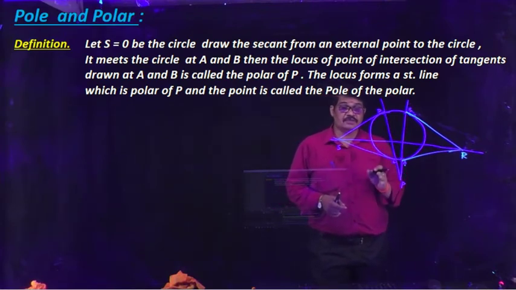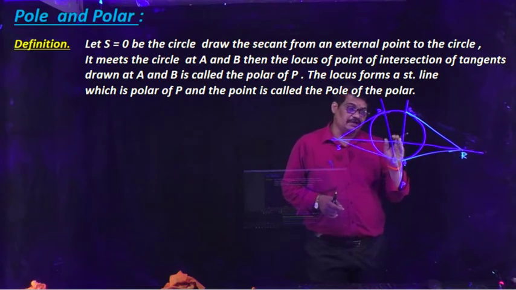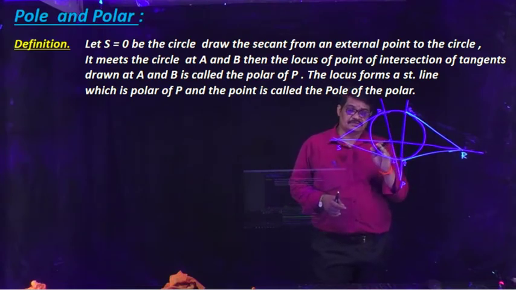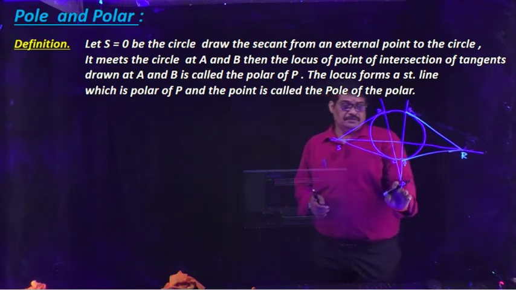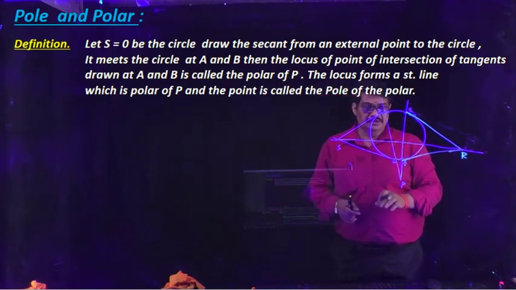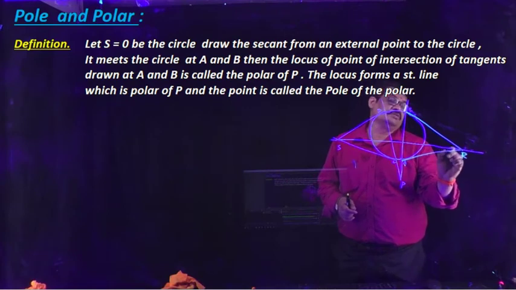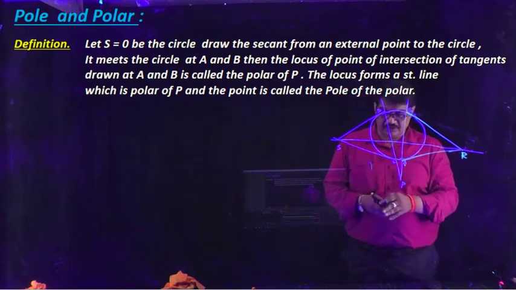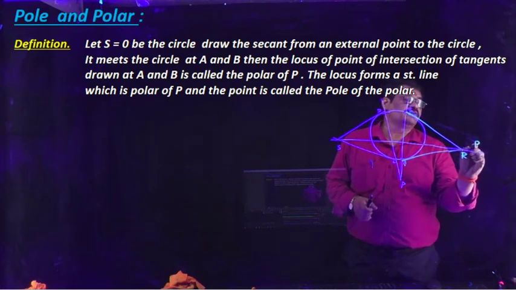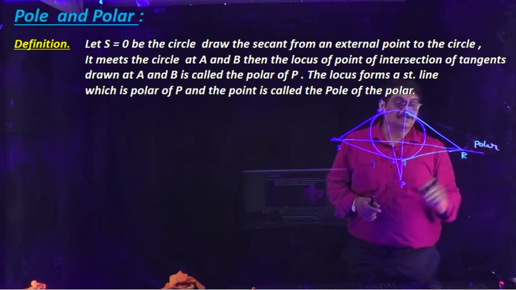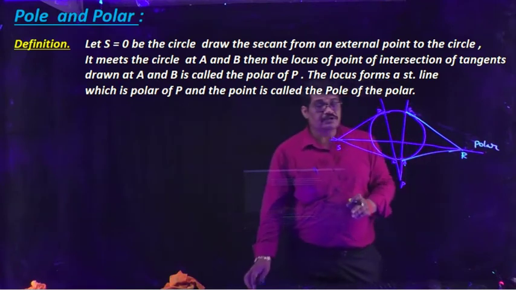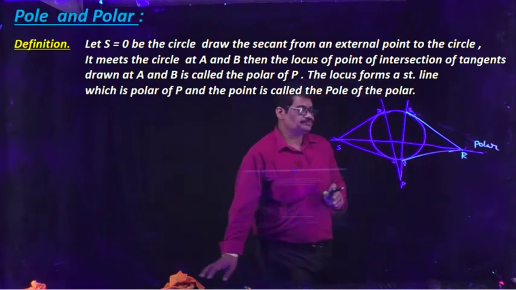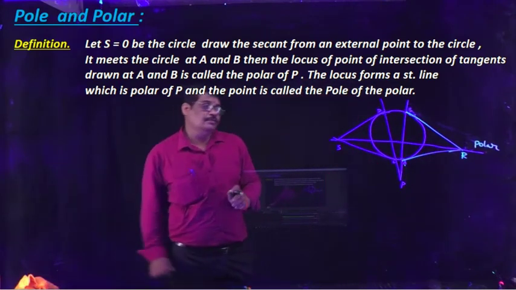The locus of the point of intersection of the tangents drawn at the points where the secants meet the circle is the polar. This line SR is the polar of P with respect to the circle. Okay, that is the polar concept.